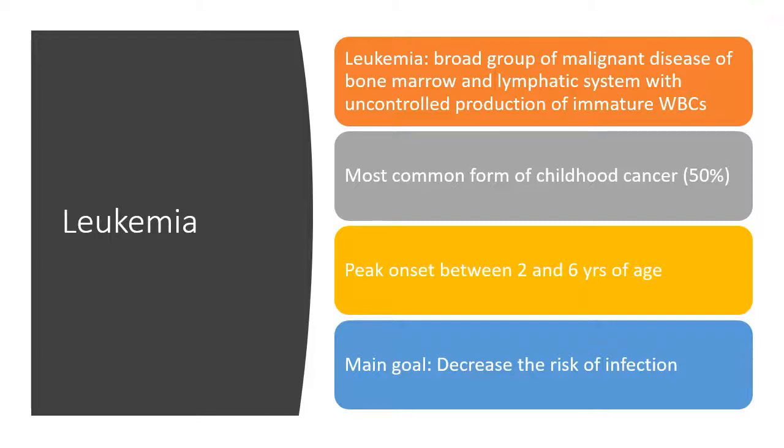Oral care is super important. Kids get the same stomatitis and ulcers that adults get with chemotherapy and radiation. And help them verbalize their feelings, because this will help clear up any misconceptions and reduce feelings of isolation and loneliness.